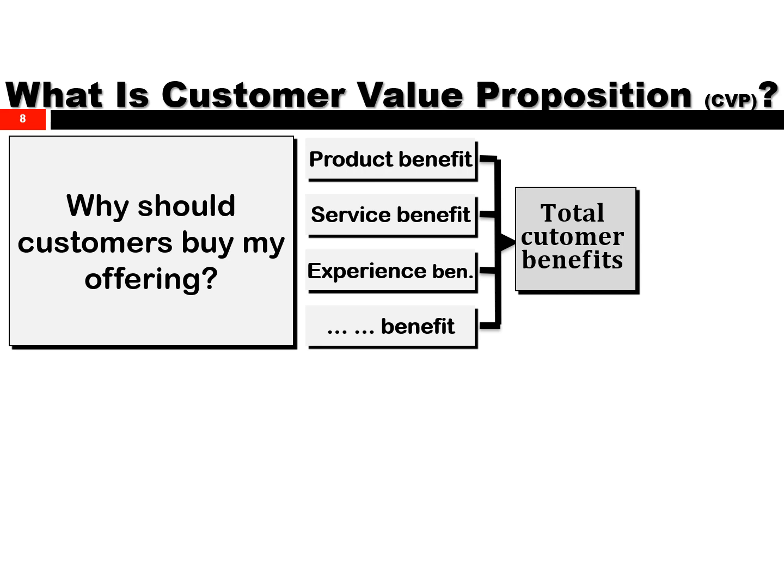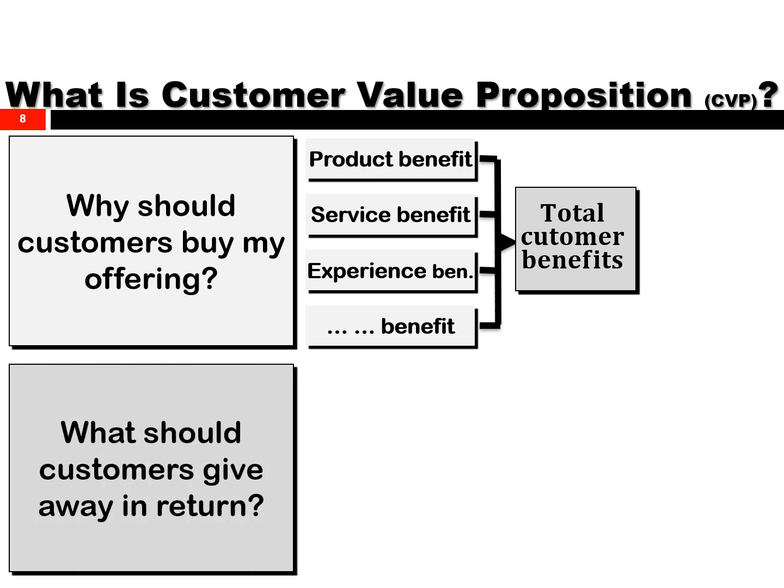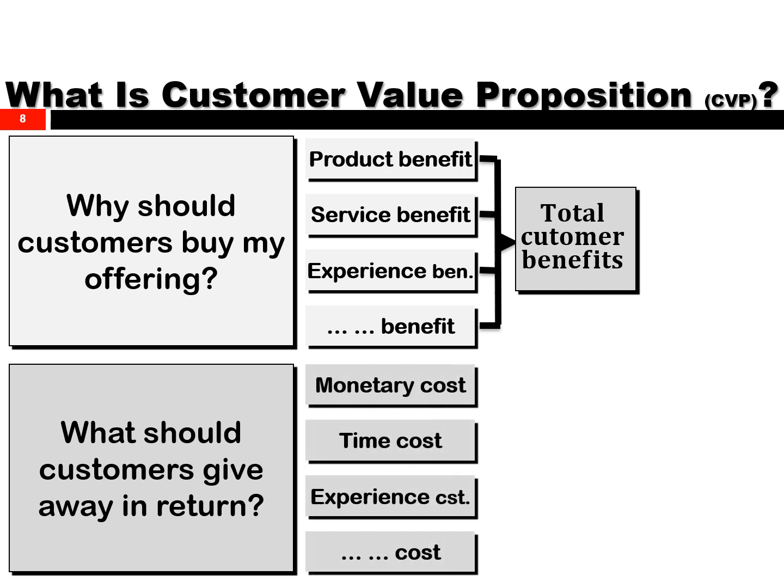When you sum these benefits up, you have total customer benefits. But customers cannot receive them for free, not like sunshine, not like rain. There is a cost for obtaining them. These costs are monetary and non-monetary.